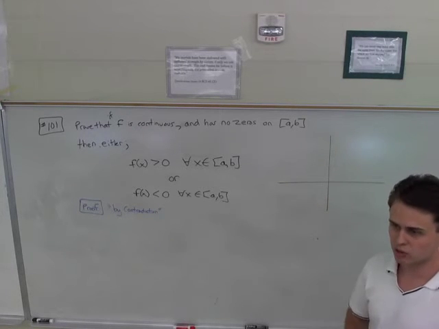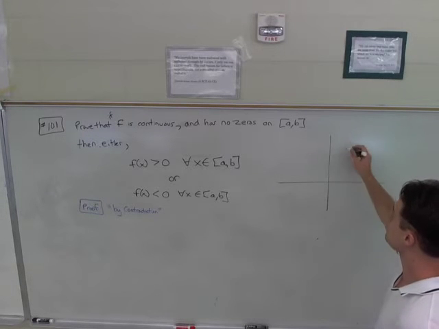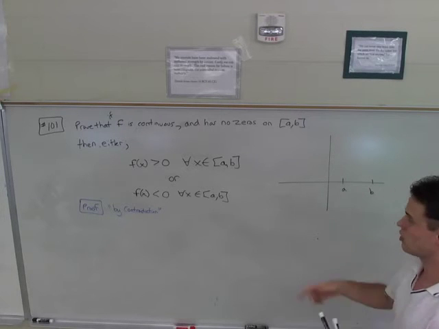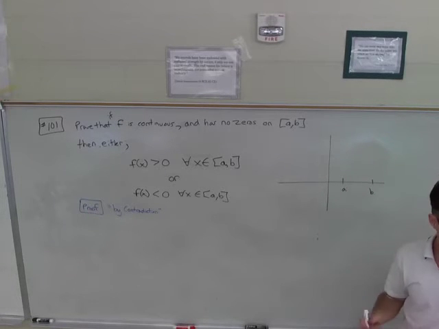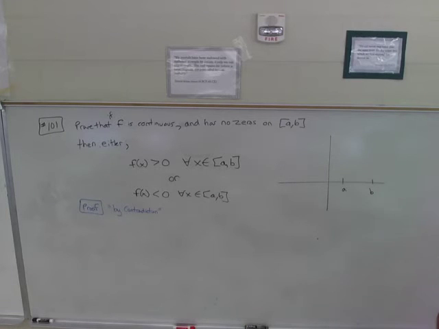I said attacking it directly is hard. Well, let's think about it. So it's continuous and has no zeros, so we got an A to B, then one of those has to be true. This is not saying something so hard. What's that situation look like?